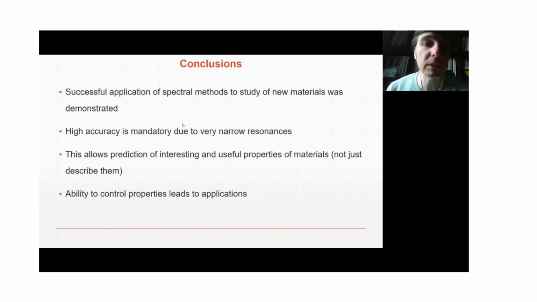As it exhibits, its high accuracy very well suits the high Q and narrow band resonances common for such structures. And this allows prediction of interesting and useful properties of devices, and the ability to control these properties leads to potential applications.